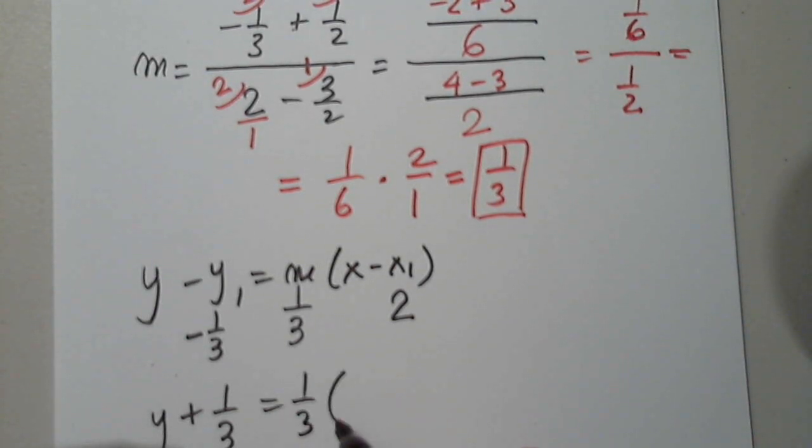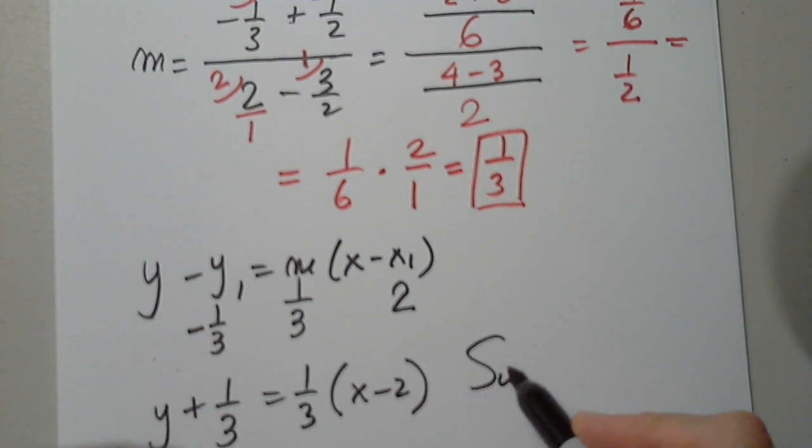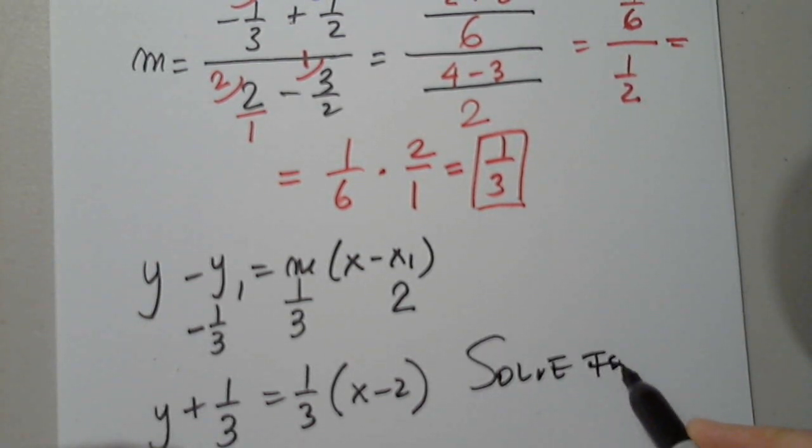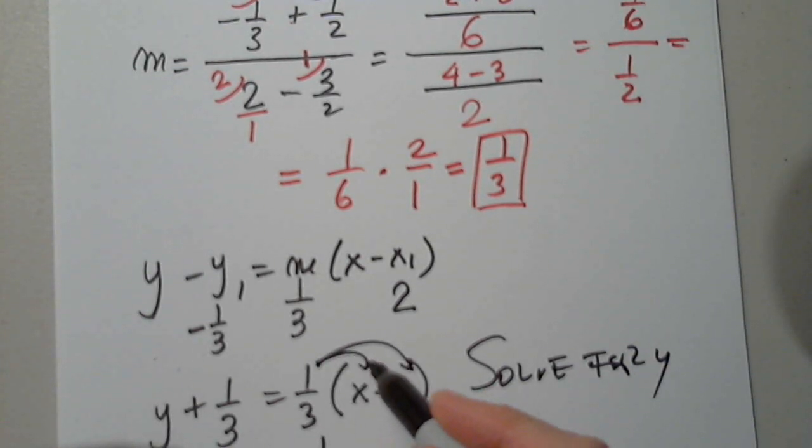Equals 1/3 times x minus 2. I have to solve for y. Always. So I distribute 1/3: 1/3 x, 1/3 times -2, because I have to distribute it here and here, -2/3.